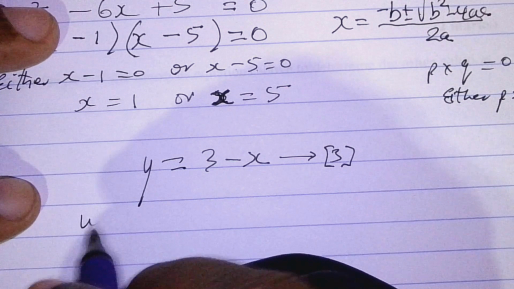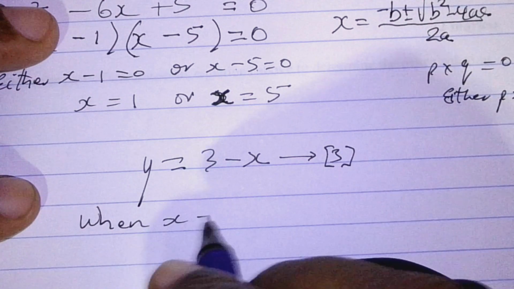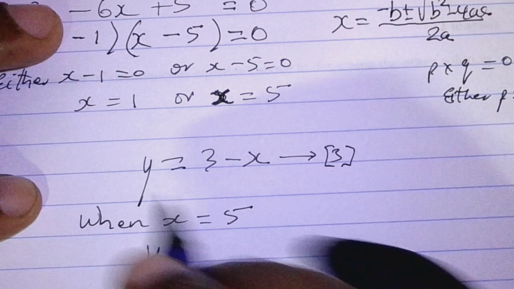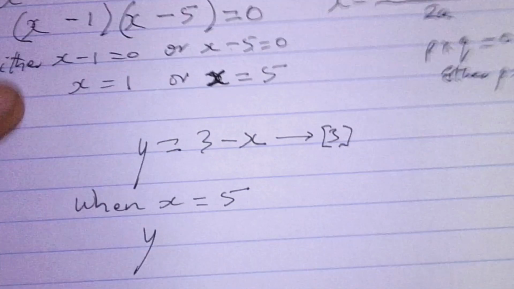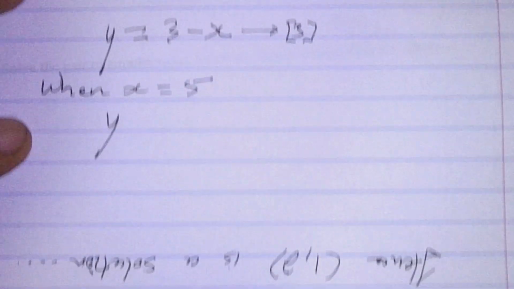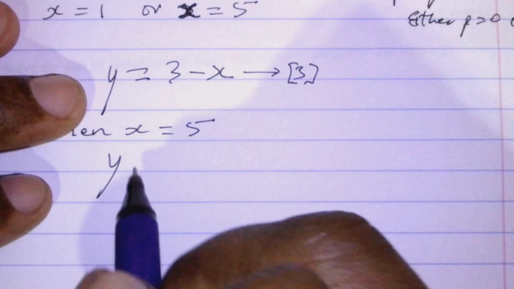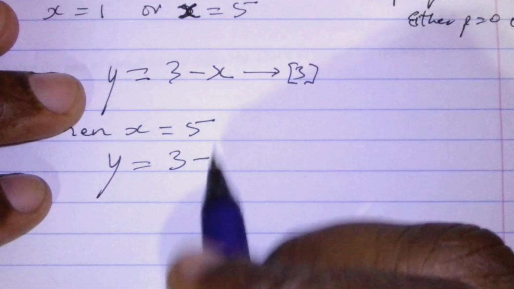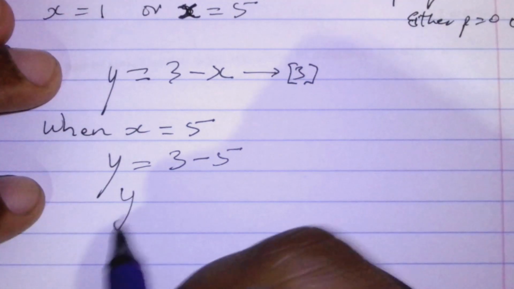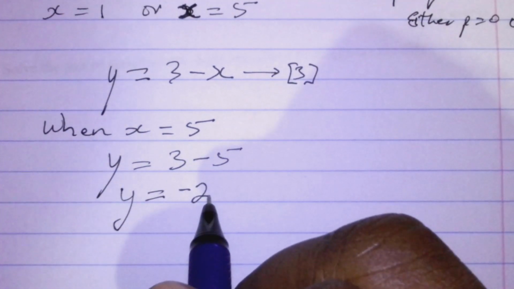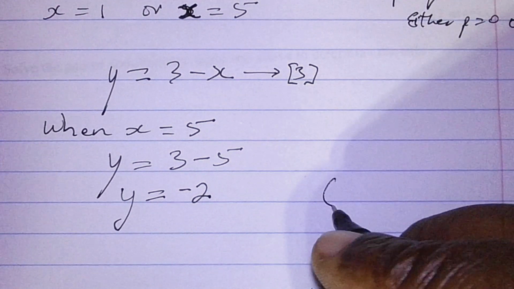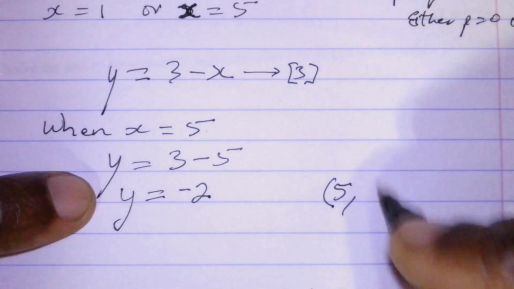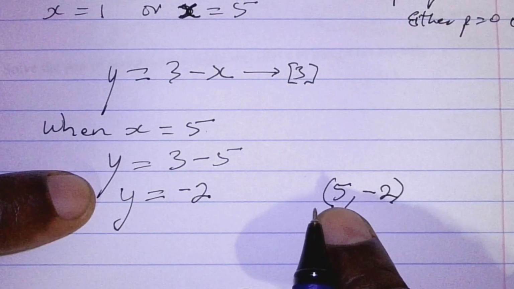And we're saying here that when x is equal to 5, y is equal to 3 minus the value of x being 5, and so y is equal to negative 2. So the other solution is really when x is 5, y is negative 2. And this is the other solution.